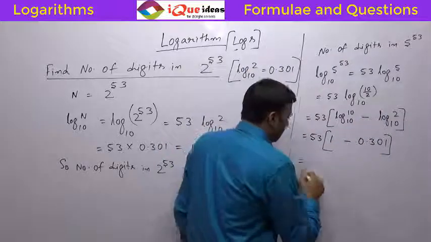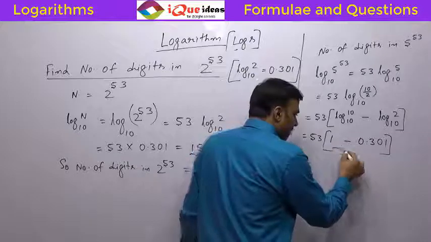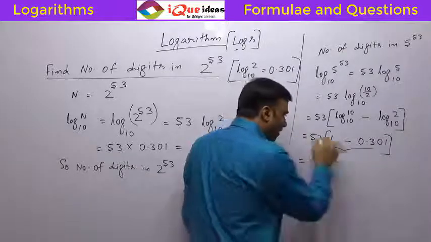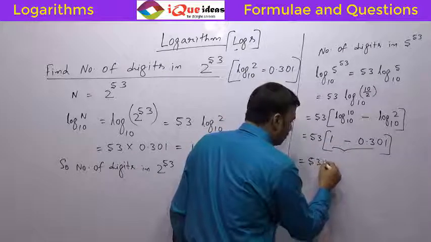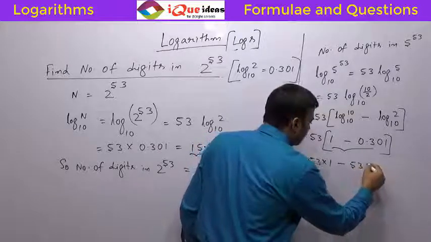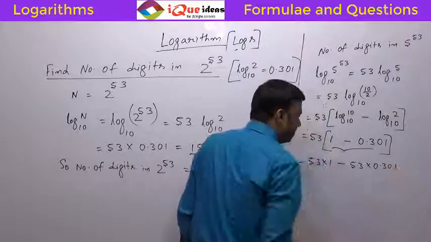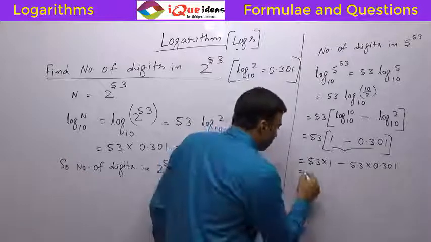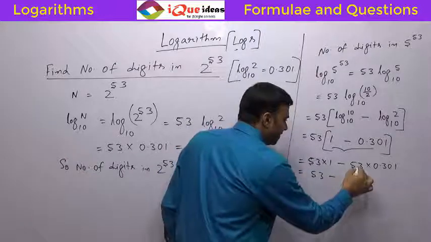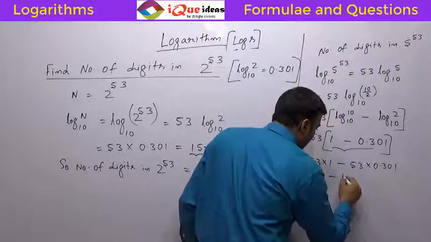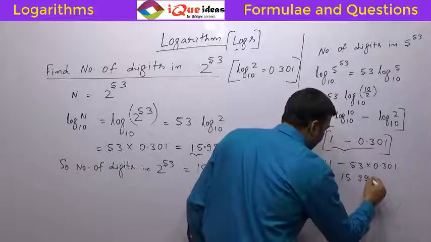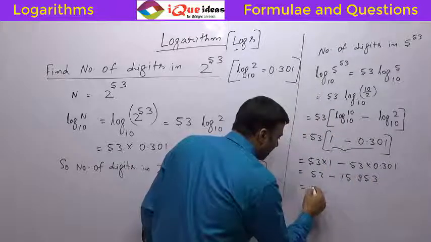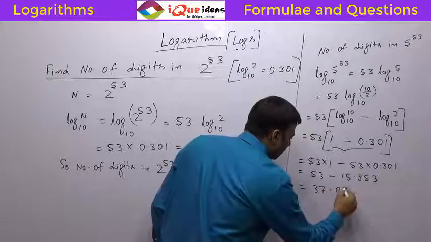Alright. Now, so one way is you can subtract this and then multiply 53, or you can open here itself. So 53 into 1 minus 53 into 0.301. So the calculation becomes a little easier. Now this is 53 minus 53 into 0.301, which is 15.953. Subtract it very carefully. It is 37.047.